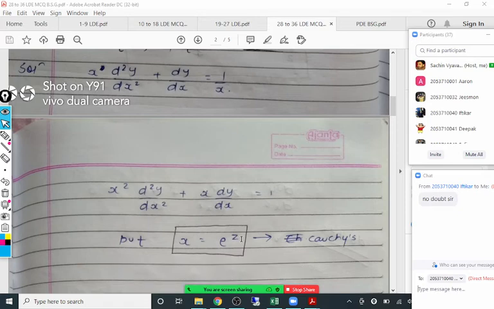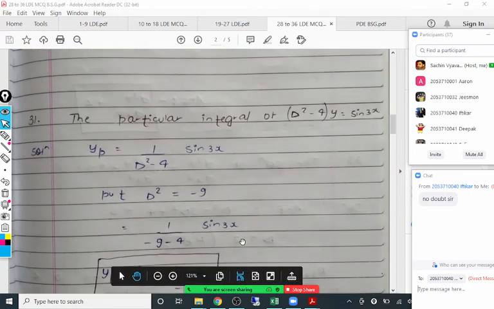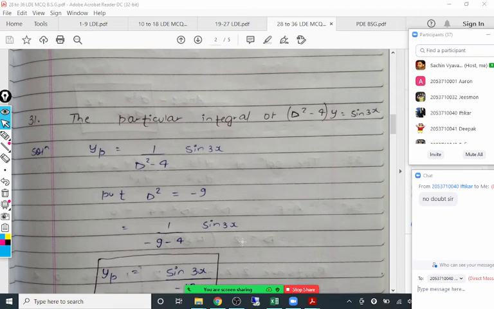You can write it in any variable: e raised to z, e raised to t, e raised to q. You can select any variable if the choice is not given. But if some variable is given in the option, you have to select that only.